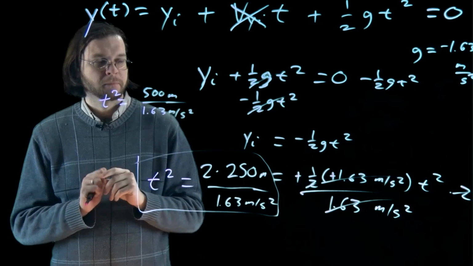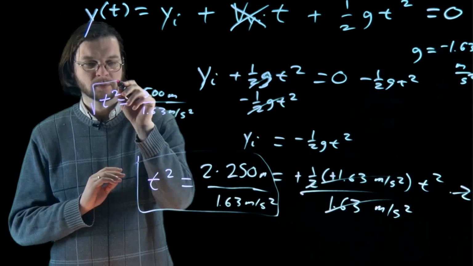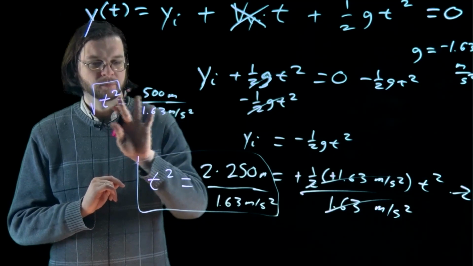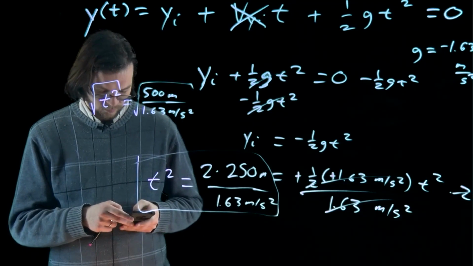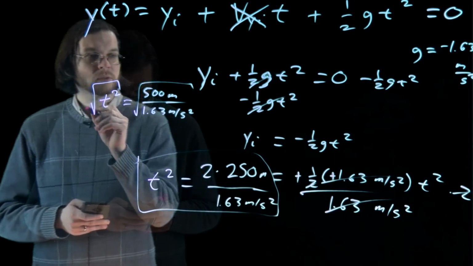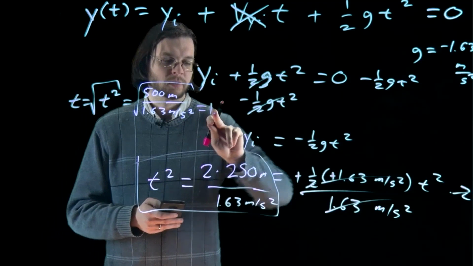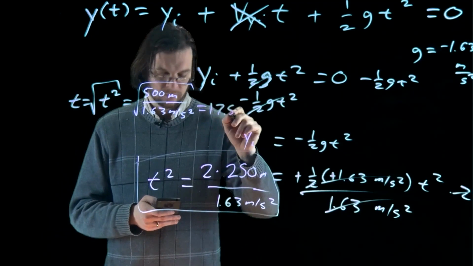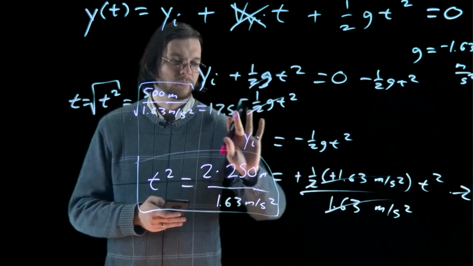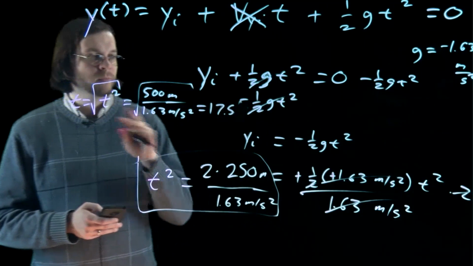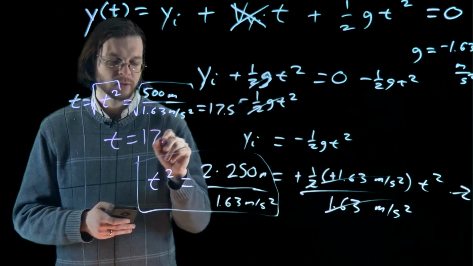Then I'm going to take the square root of both sides. So t equals 17.514 or something, but basically it's very close to 17.5. So from this calculation, we find that t is equal to 17.5.